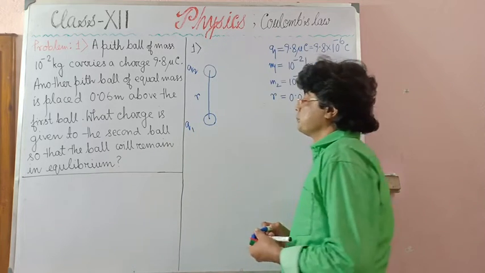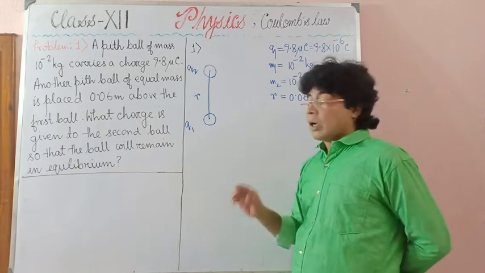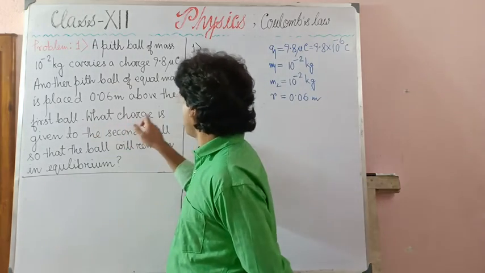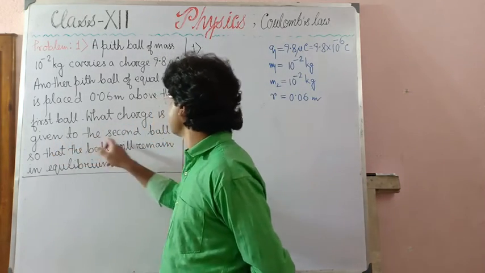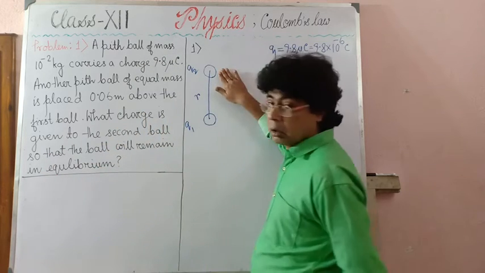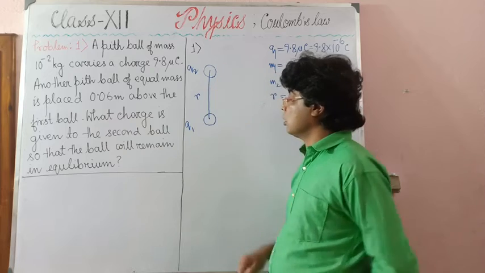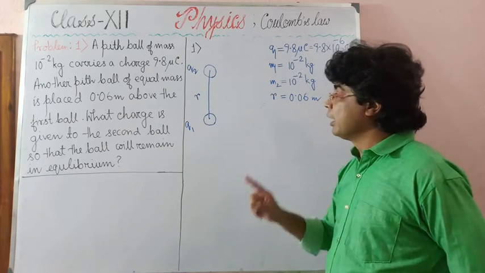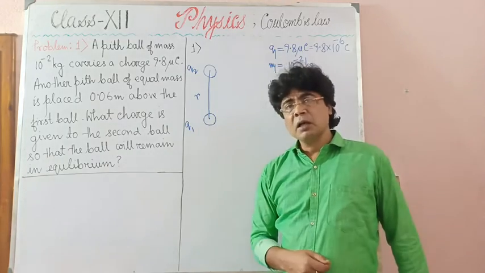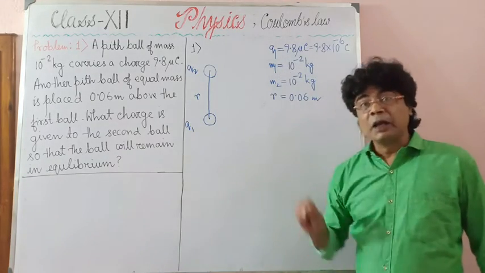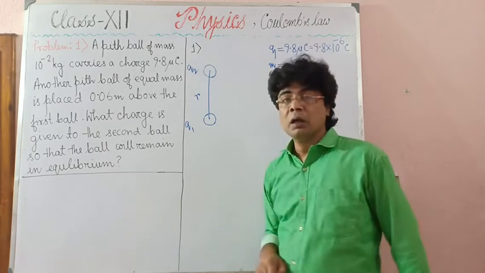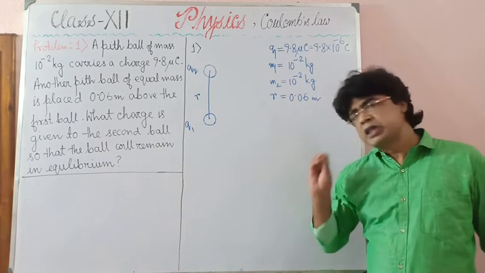Now, the question is, what charge is given to the second ball so that the second ball will remain in equilibrium? Equilibrium means net force on the second ball will be 0.